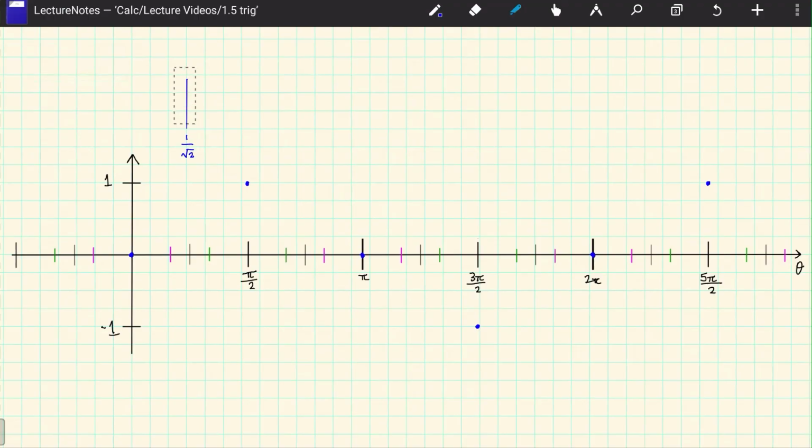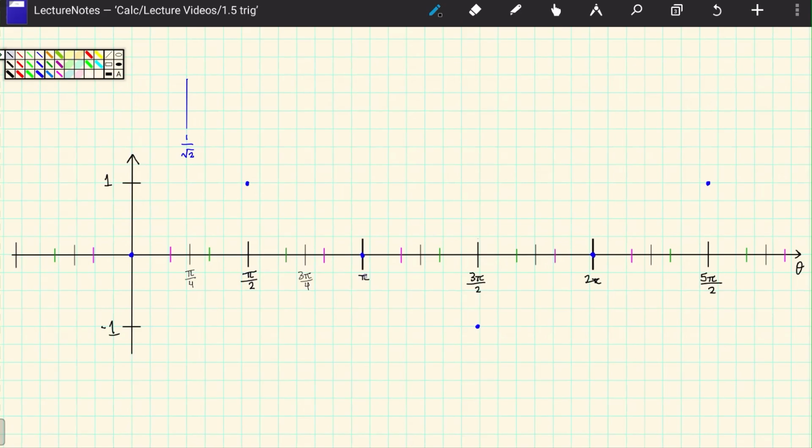And so now, before I do that, I'm going to find my pi over 4s. So pi over 4 is half of pi over 2. So this is going to be a pi over 4. And then, so here's 1 pi over 4, 2 pi over 4 is pi over 2, and then there's 3 pi over 4.